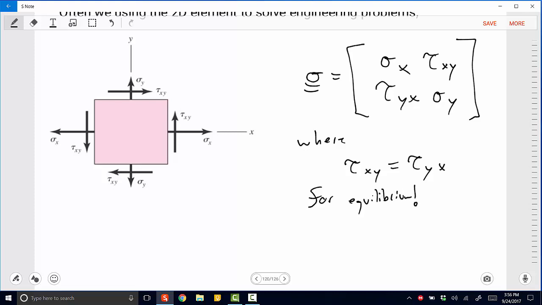For equilibrium to exist, this must be true, right? And so now we've got this concept of stress as a tensor and stress happening on the surfaces of elements. And we can see that it's quite complicated, right?